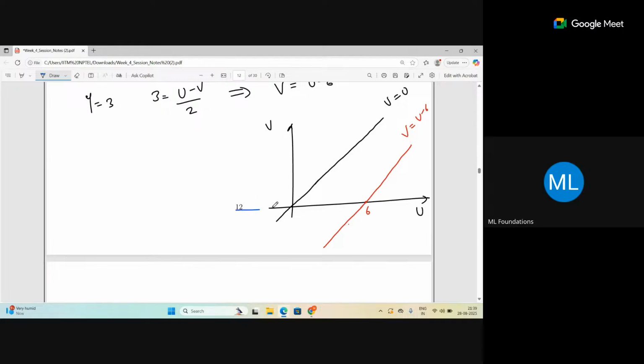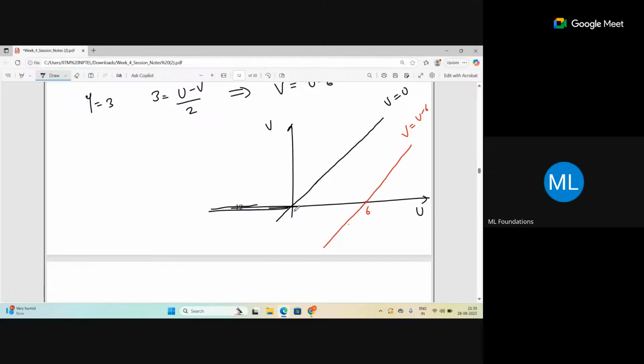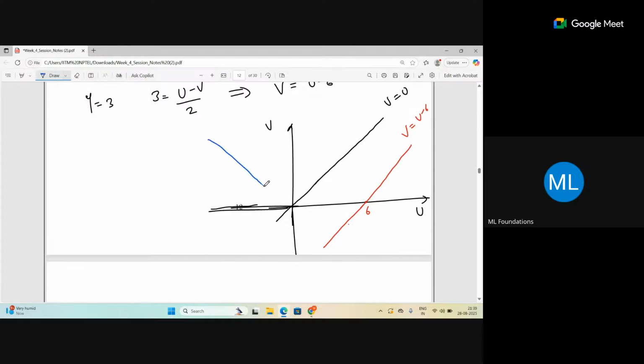Okay, so it has to pass. Sorry, just a minute, I will draw this properly. Yeah, that has to be here, the negative slope, and it will pass through this. And that is your v equal to minus u. I am writing v and you saw, but I hope you understand this.